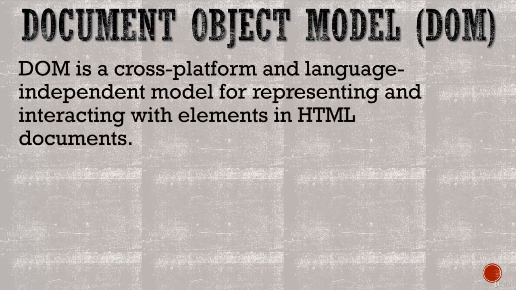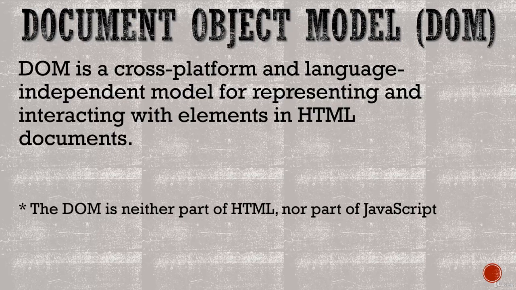It is a cross-platform and language-independent model for manipulating and interacting with elements in HTML documents. The DOM is neither part of HTML nor part of JavaScript. It is a separate set of rules. It cannot work without a document. So when you create a web page and load it in a web browser, the DOM is enabled.